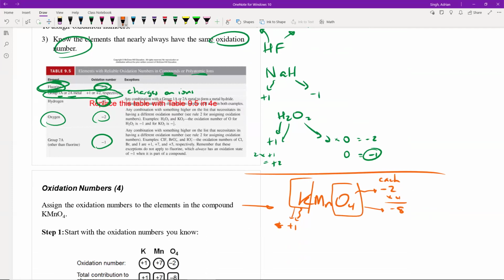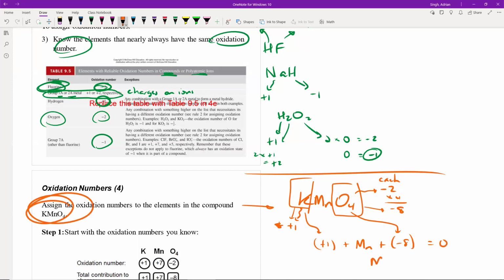So when I add all of these together, including what the manganese is, I should add up to 0. So I can make a little math equation. I can say +1 plus whatever the Mn is plus the -8 from the oxygen should give me 0, because KMnO4 doesn't have a charge, so the overall charge is 0.